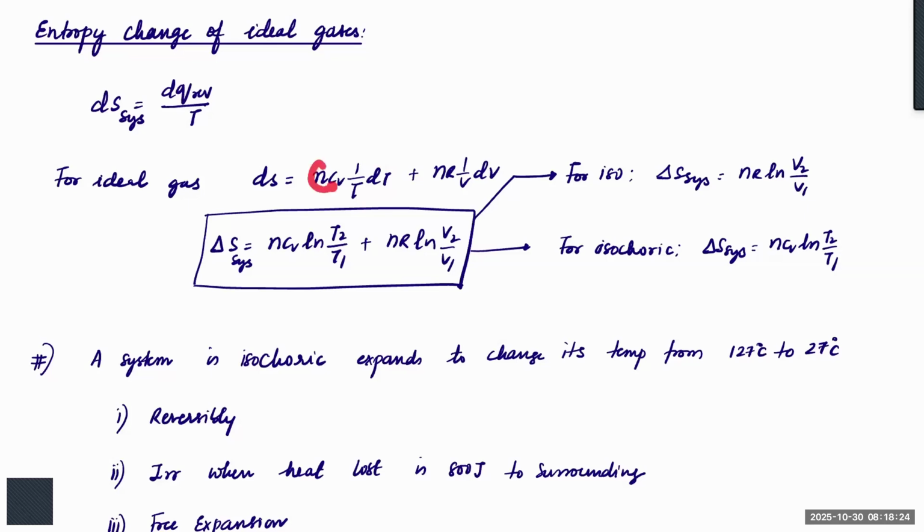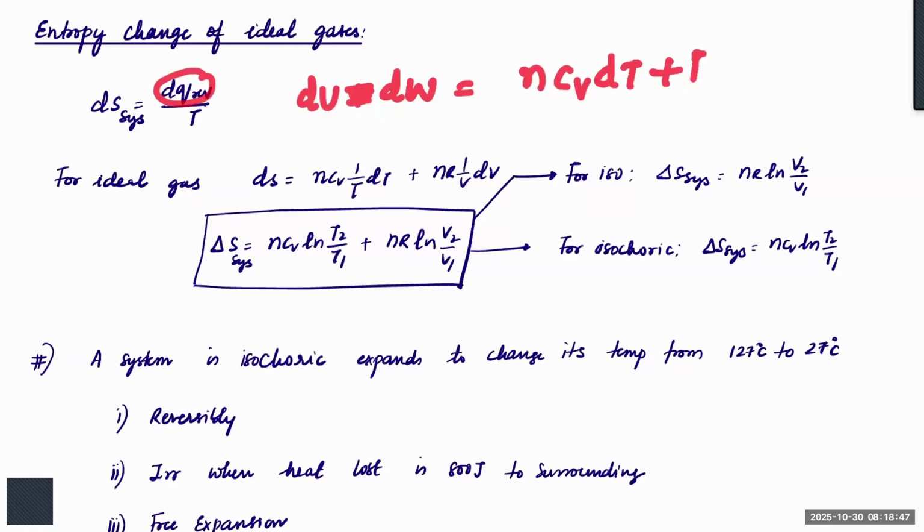Because nCv dT is heat, and it is divided by T, plus q reversible, which can be written as nR (1 by V) dV, because dq can be written as dU plus P dV, and dU can be written as nCv dT. P dV, with P written as nRT by V.